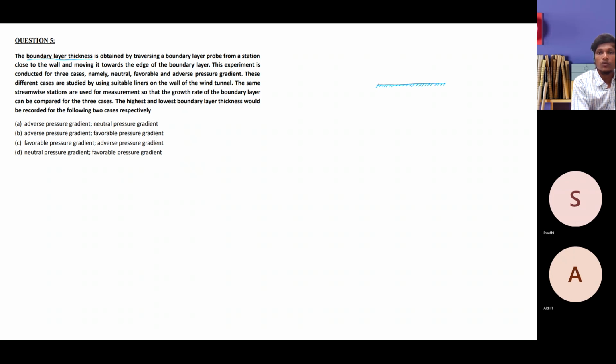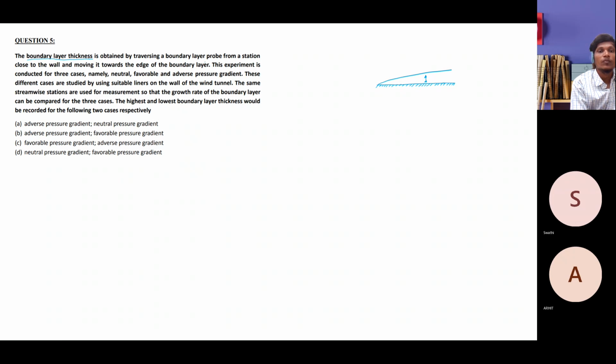schematically represent the things. If you have a boundary layer like this, moving towards the edge of the boundary layer, you have some kind of probe that is measuring some property inside the boundary layer. You are moving from close to the wall to the edge of the boundary layer, and you are measuring something, whether it is velocity or any other property.